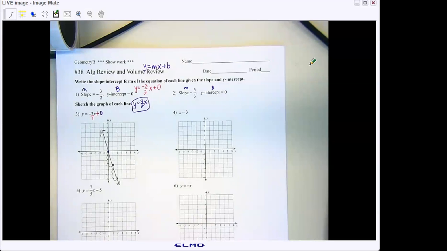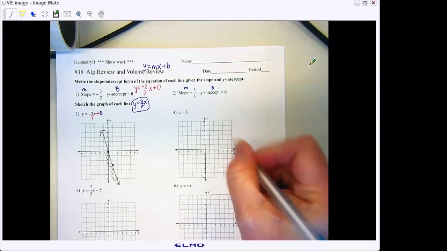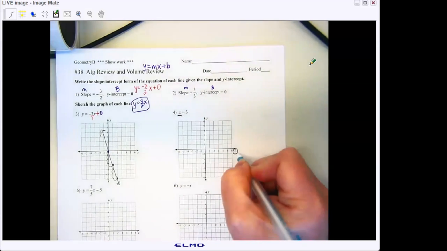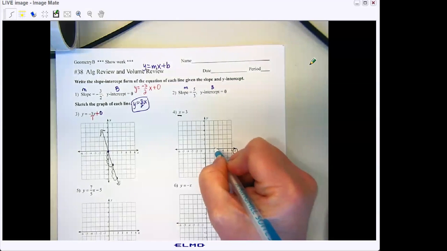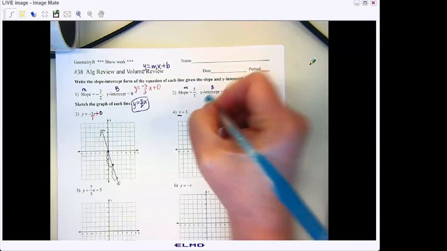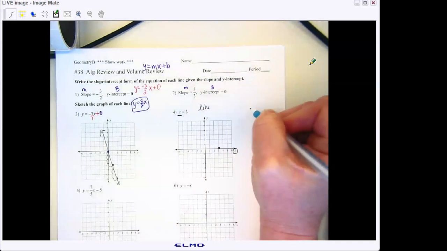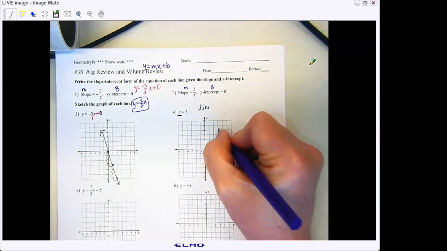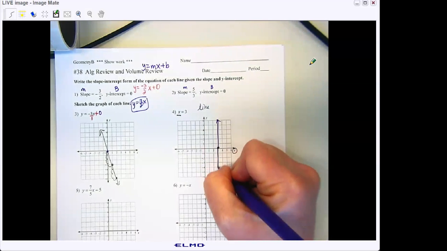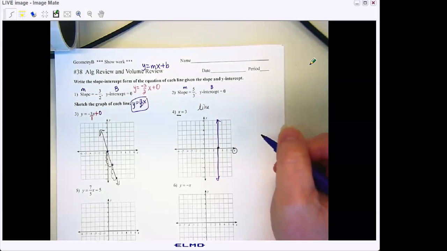Okay. Yep. I'm starting on the x-axis because it says x equals. So I'm going to go to 3, 1, 2, 3, and I'm going to put a dot. Remember, this is a line. This is not a point. So since it's a line, we're going to draw a line through it. You're done.